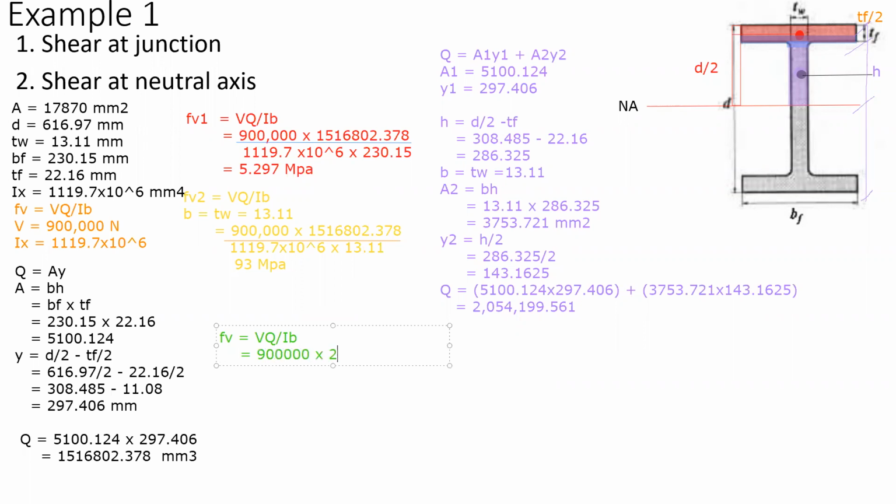Q natin is 2,054,199.561 divided by I, that is 1119.7 times 10 raised to 6 times B, the thickness of our web, 13.11. Okay.